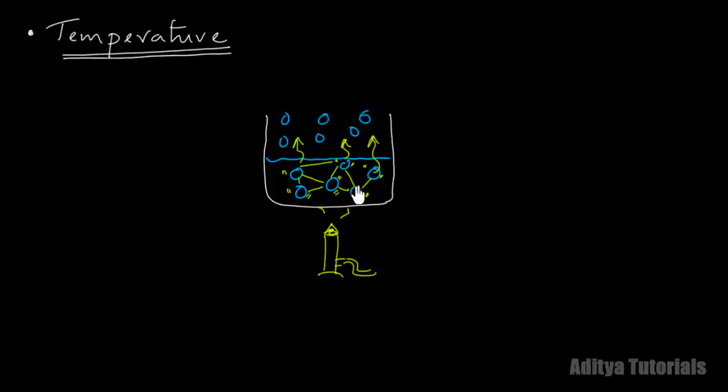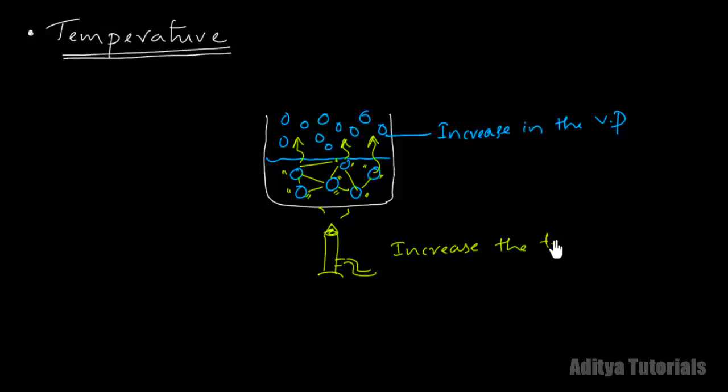The more you heat, the greater the number of liquid molecules converted into the vapor phase. And this leads to a very interesting fact: as you increase the temperature, there is an increase in the vapor pressure, because as you increase the temperature, the vaporization increases.